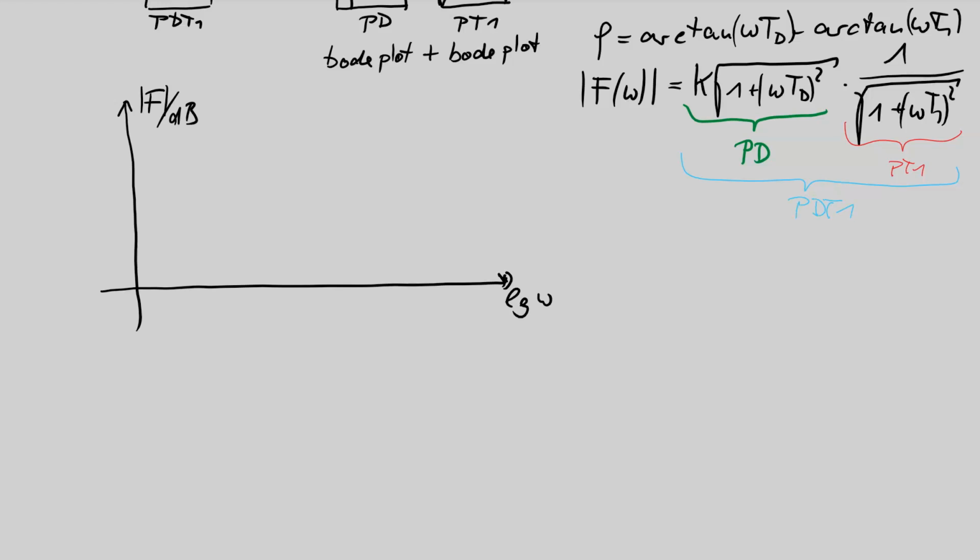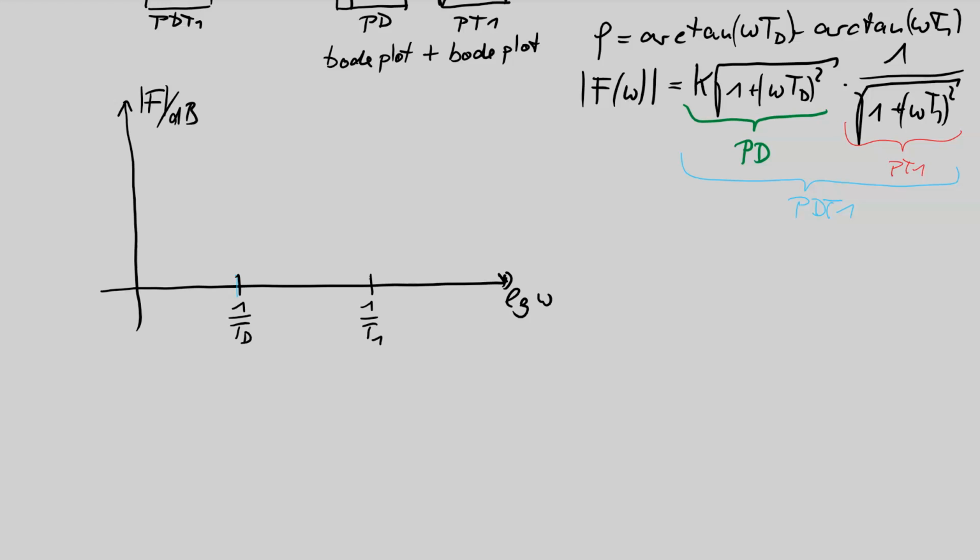Okay, so start with PD. We can only add this if we have information about the ratio of TD and T1. I want to draw this in the case that we have here a value 1 over TD, and here should be a value 1 over T1.